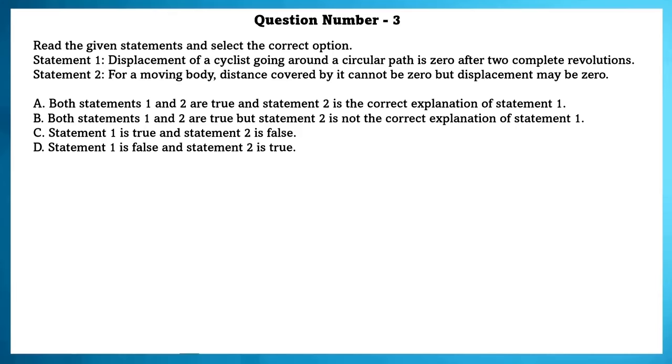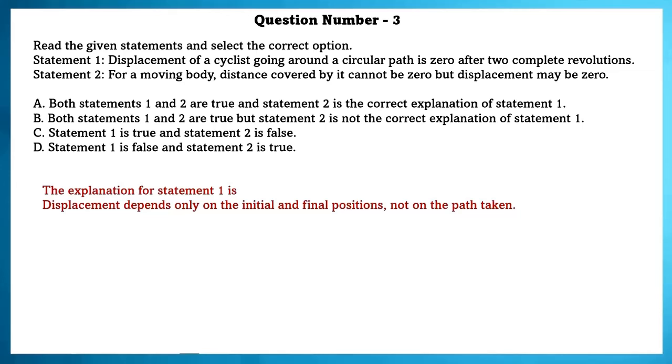Question number 3. Read the given statements and select the correct option. Statement 1. Displacement of a cyclist going around a circular path is 0 after 2 complete revolutions. Statement 2. For a moving body, distance covered by it cannot be 0, but displacement may be 0. The explanation for statement 1 is that displacement depends only on the initial and final positions, not the path taken.